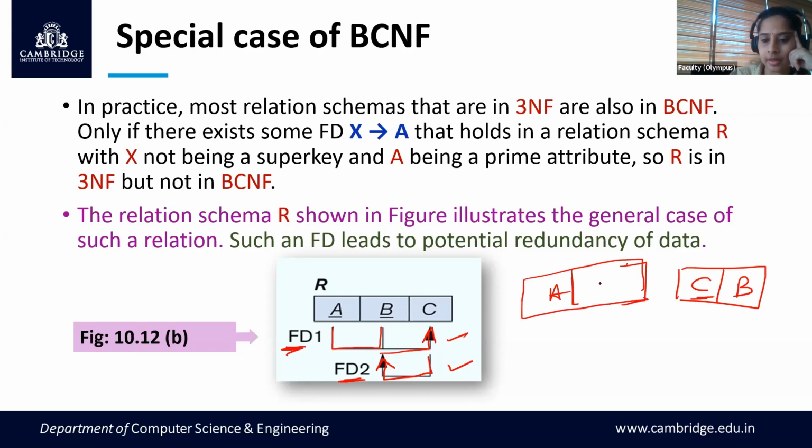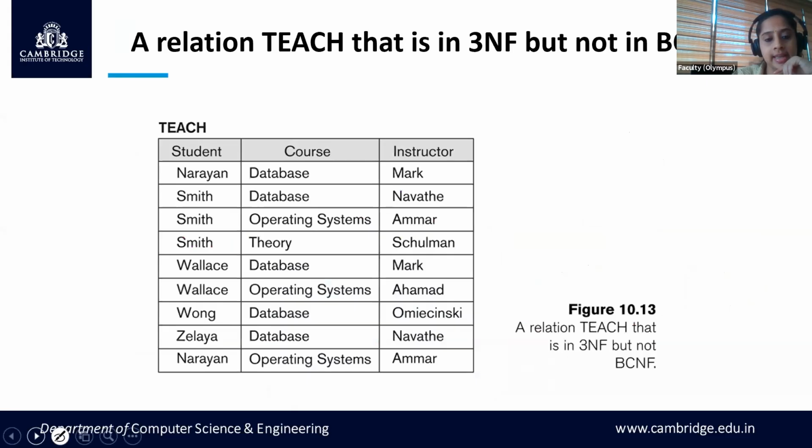I need to clear B. So keeping C, FD2 is satisfied. But what about FD1? My FD1 is lost. The dependency is lost. So when a dependency is lost, there is a test for us: at least some dependency should hold.